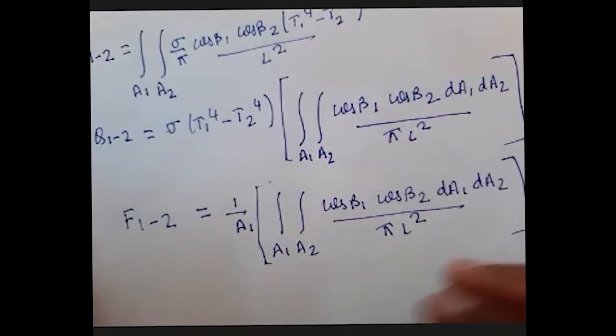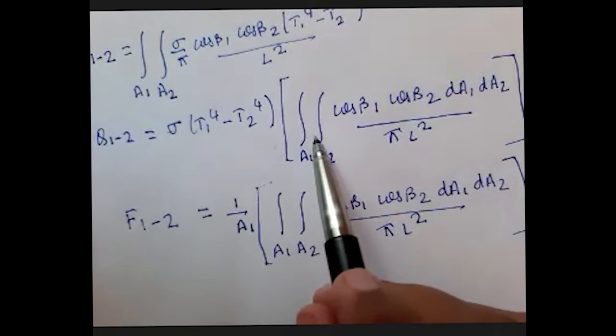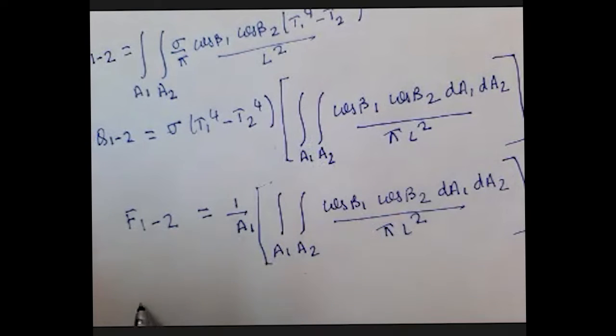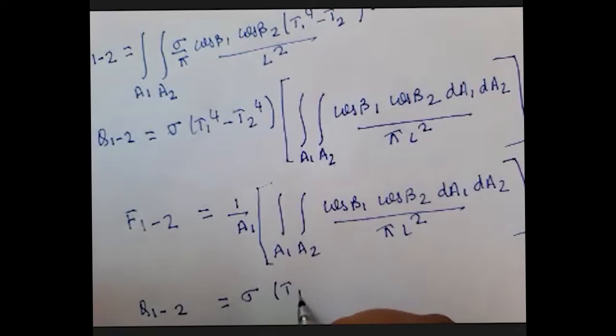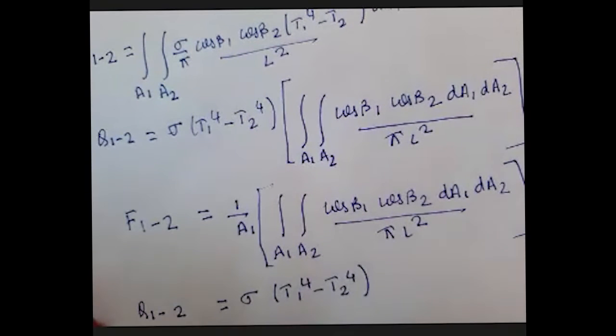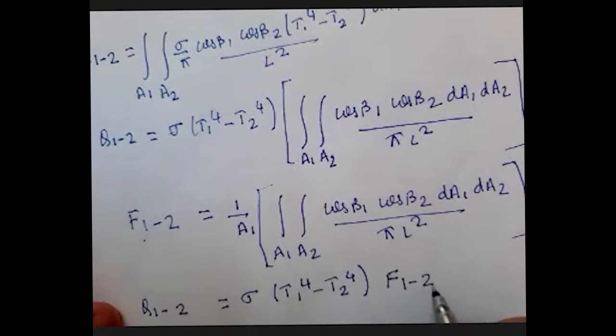So if I substitute this shape function back in this equation, I'll have the heat exchange rate between surfaces 1 and 2 equal to sigma into T1 raised to 4 minus T2 raised to 4, as it is. Then I have a shape function F1 to 2 into A1.